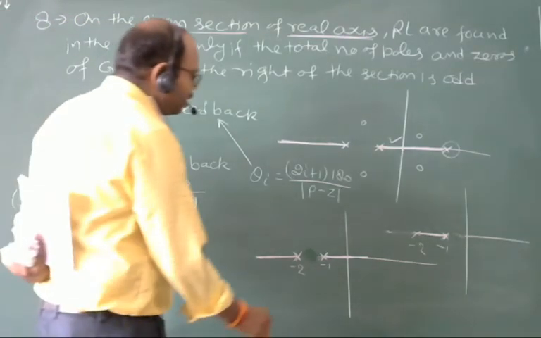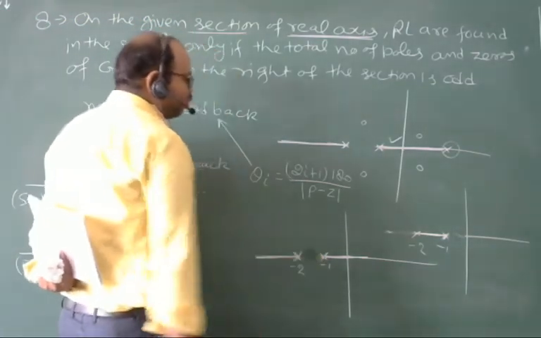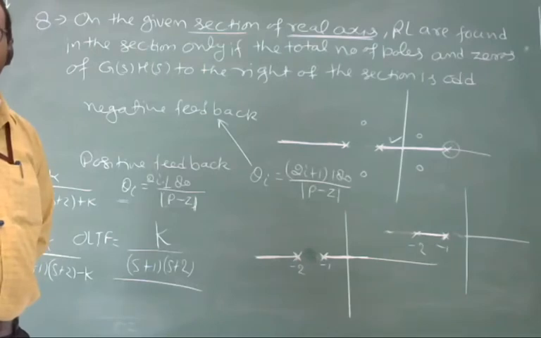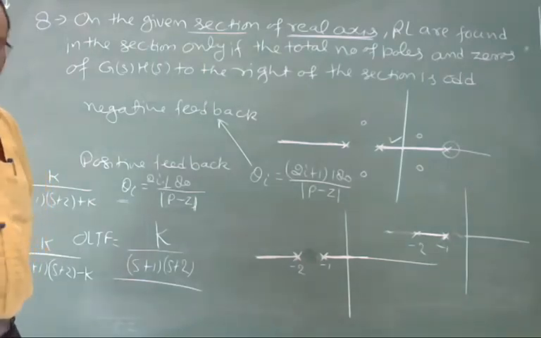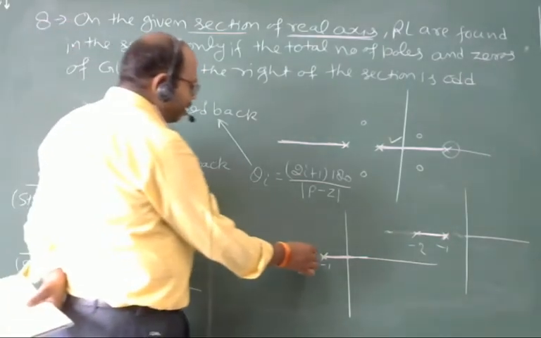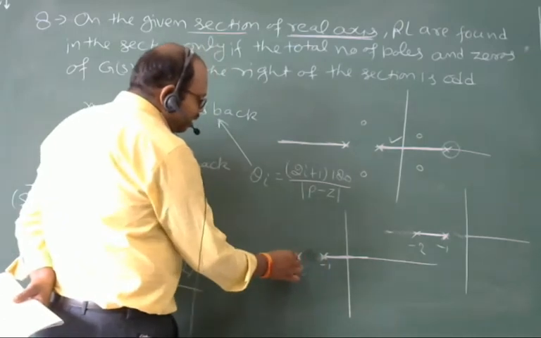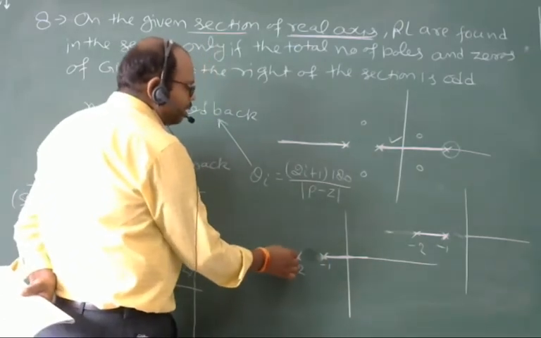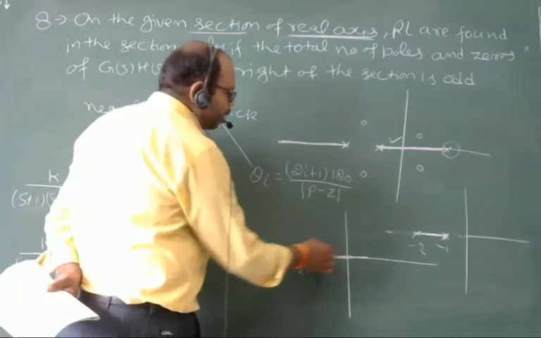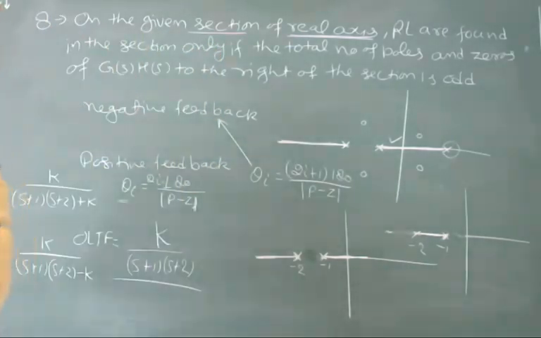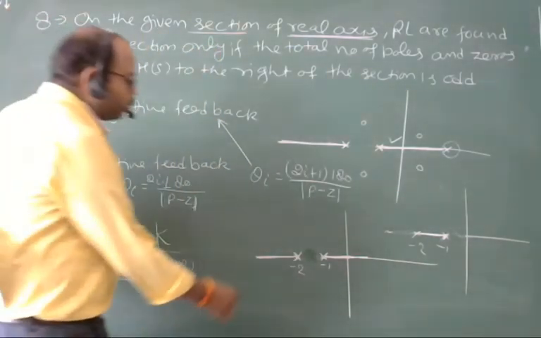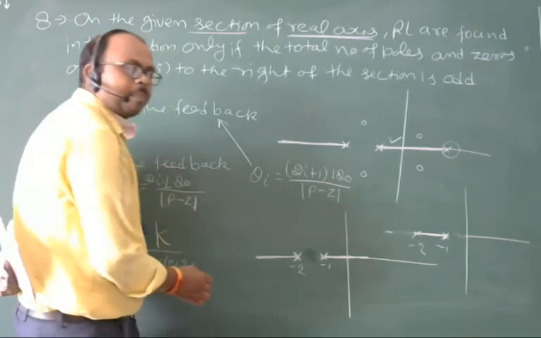But if this is the root locus which is given to us, in this case we can see that for this pole, for this section, the number of roots in the right of this section is even and the root locus exists here.